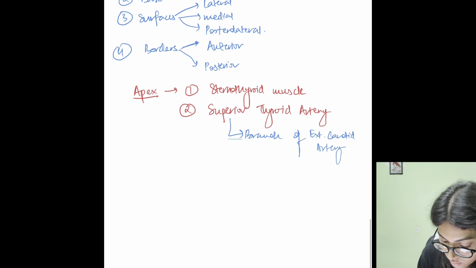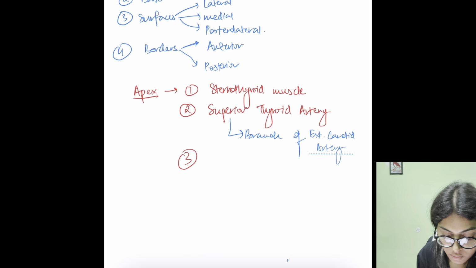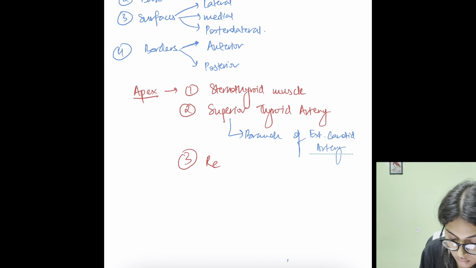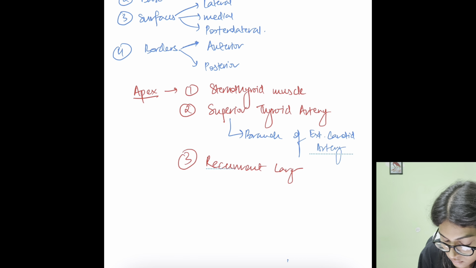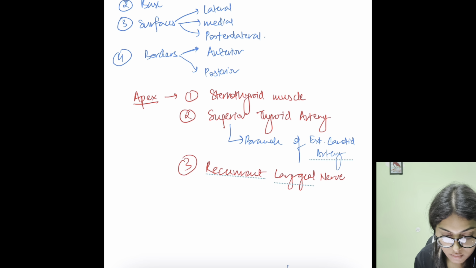And in relation to the superior thyroid artery, we have one nerve, the recurrent laryngeal. Now, these three things are attached on the apex.